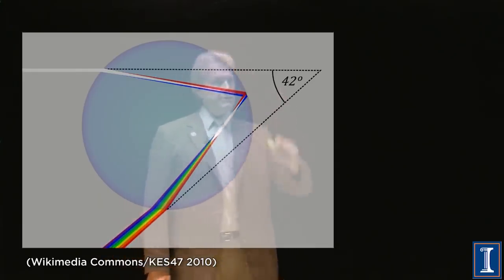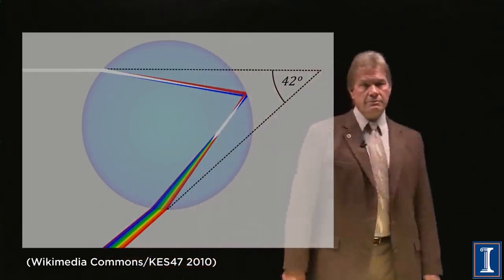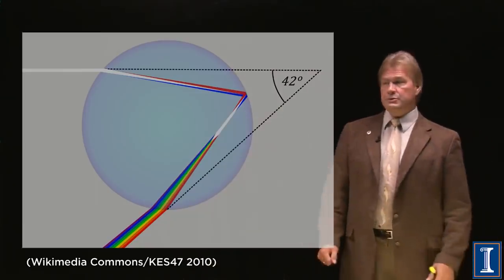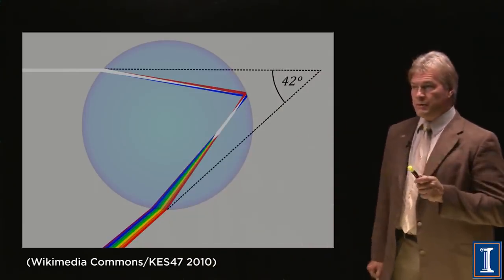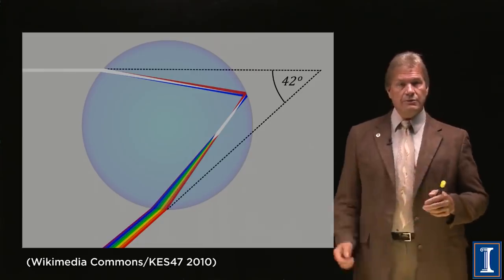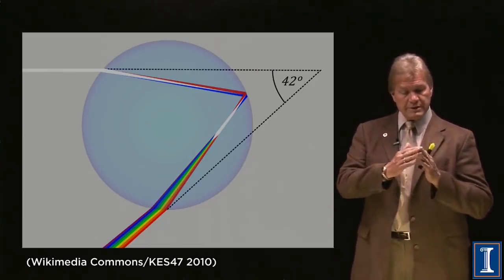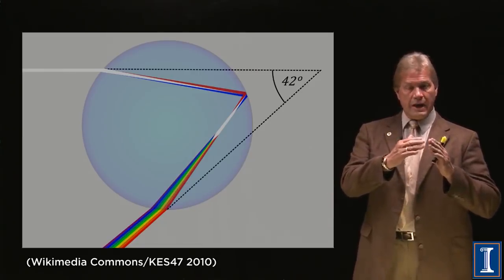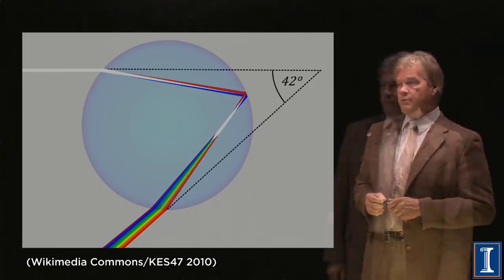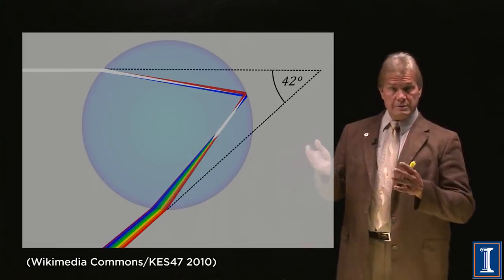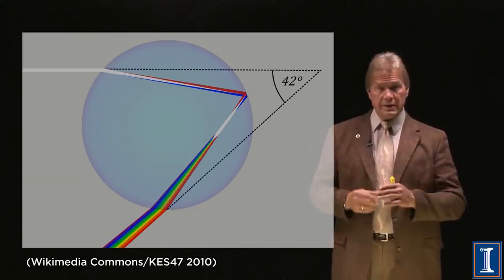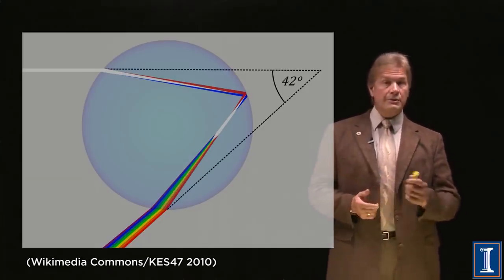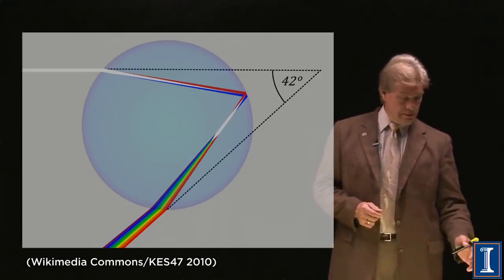It's also a very important number here, 42, the answer to everything in the universe. 42 degrees happens to be the angle that the visible light spectrum will be spread at for internal reflection in a sphere. So this is really cool physics, how a sphere can act just like a prism and break up the light according to its wavelengths.